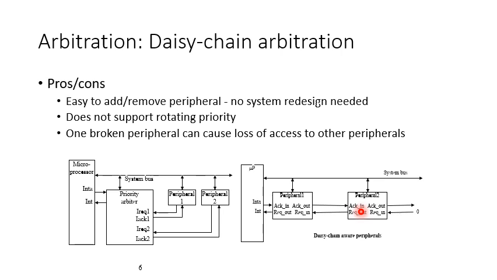For example, here we are just showing two peripherals. What if peripheral 1 goes down? It will cause loss of access. So peripheral 2 won't be able to access or request services from the microprocessor. This is the main disadvantage of daisy chain.